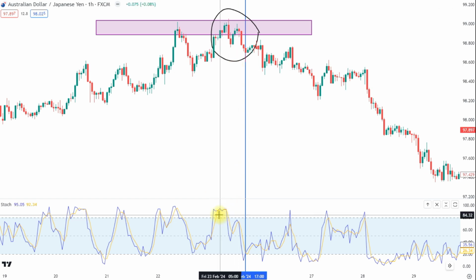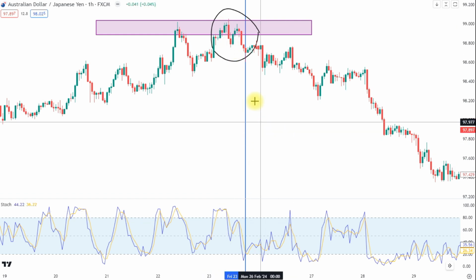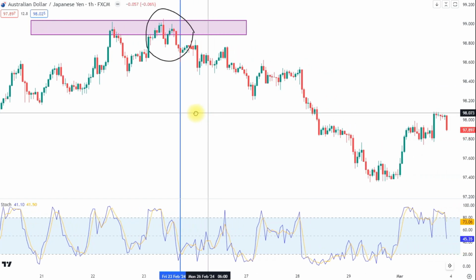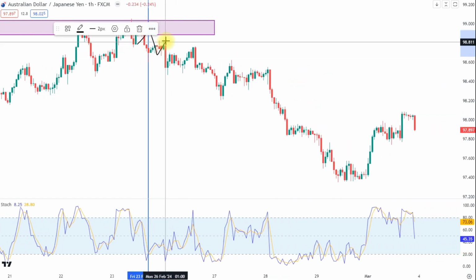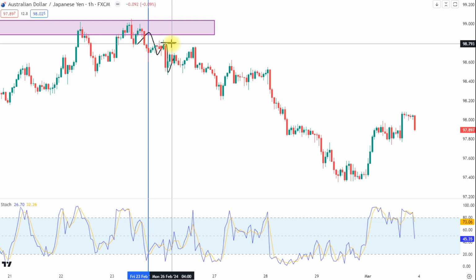We also see here that the crossing is here, but we don't jump blindly into the market and go short now after the pattern. We wait for confirmation. And here we see the market is making new lower lows and lower highs, and this is confirming our downwards trend.